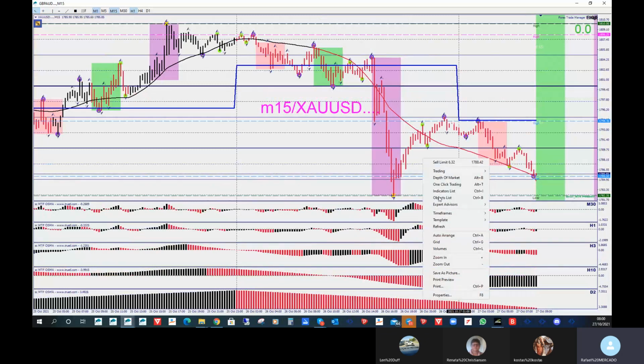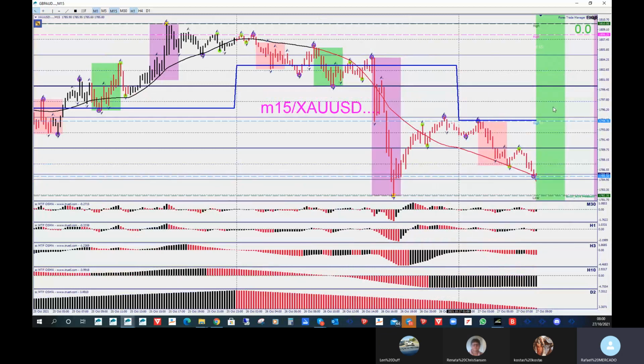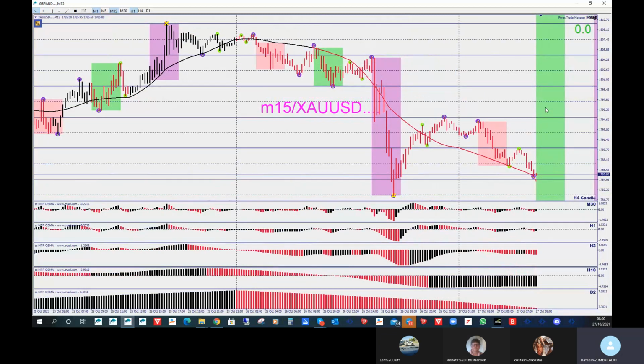So I'm going to change my template again. I don't want to interfere with the analysis and the study of the system. Okay, so those levels for me, pivots, high and low of the day, are very helpful.